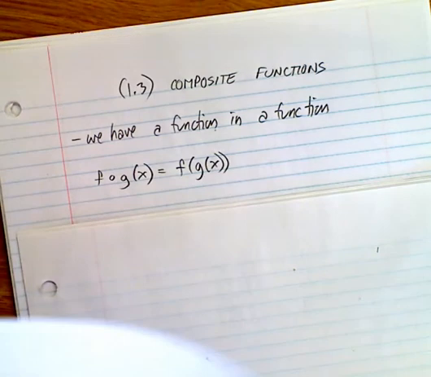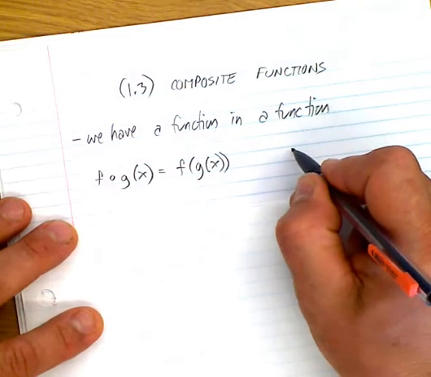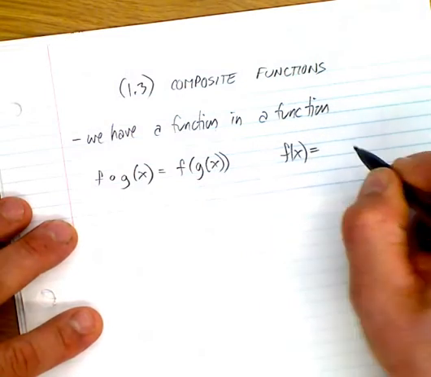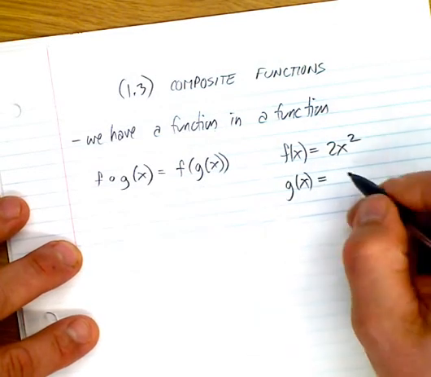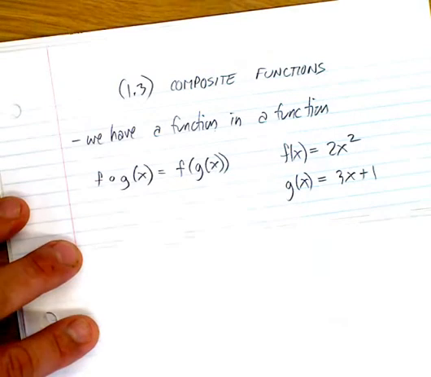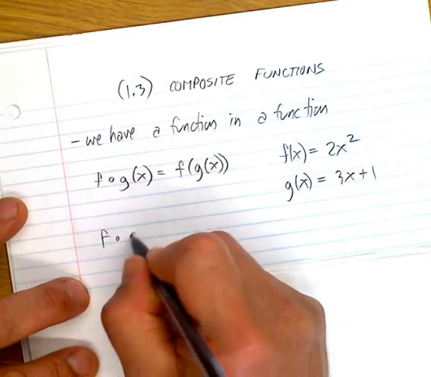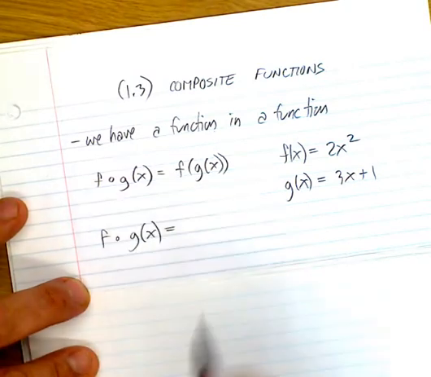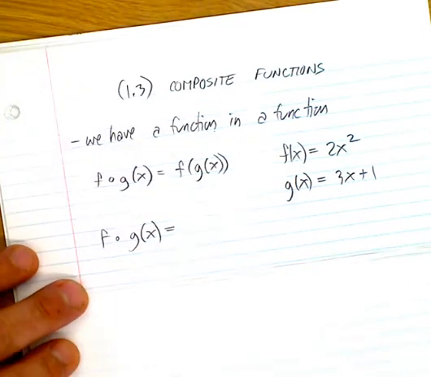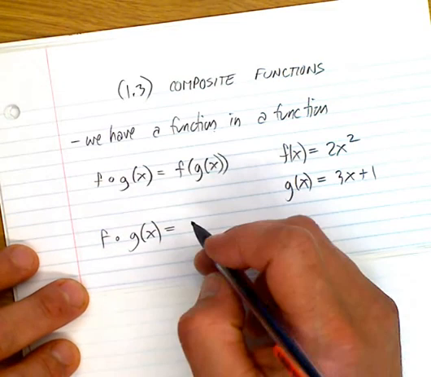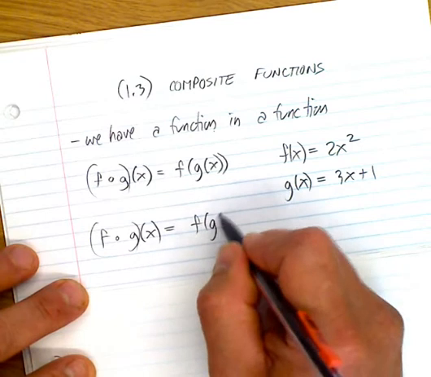We've got to keep that in mind when we're doing something like this. If I have, for example, f of x being 2x squared, and then I have g of x being 3x plus 1, and I give you f composite g of x, that's the same as saying f of g of x.